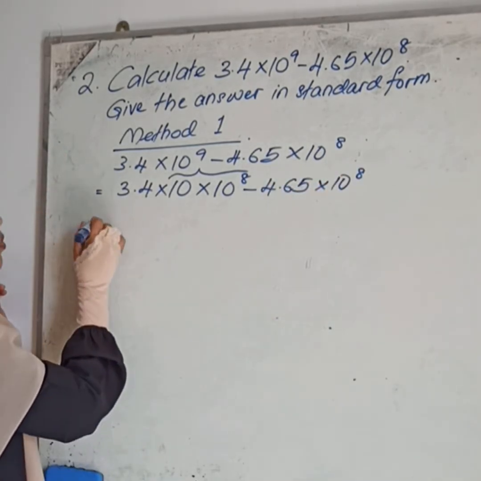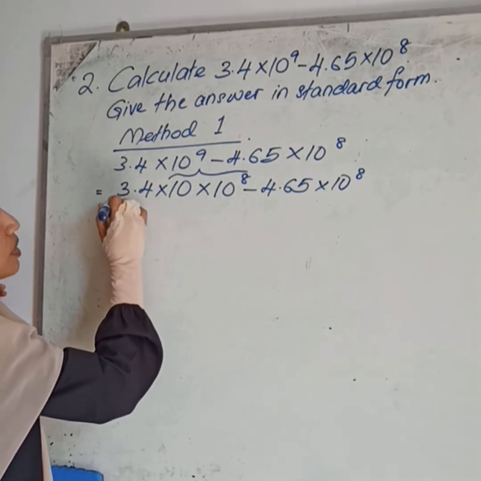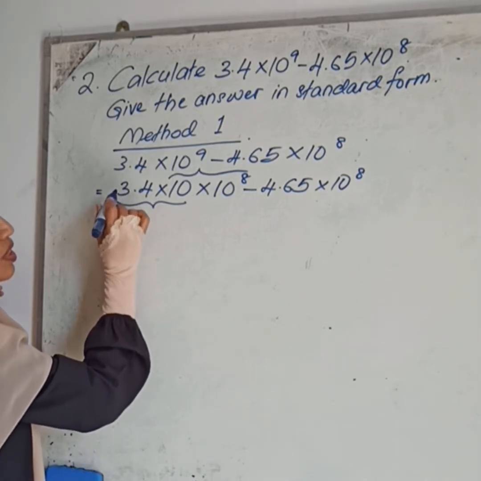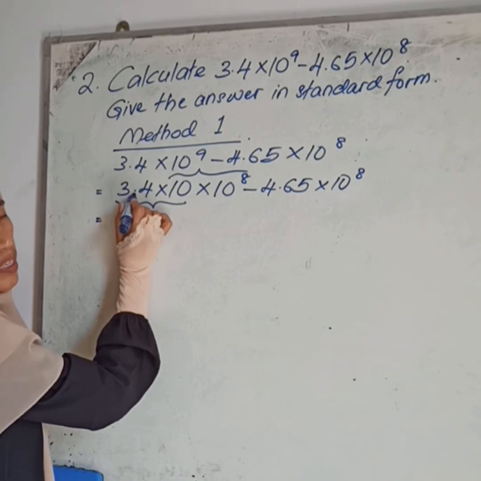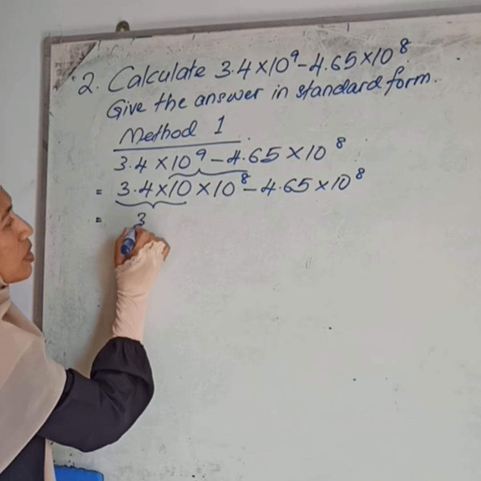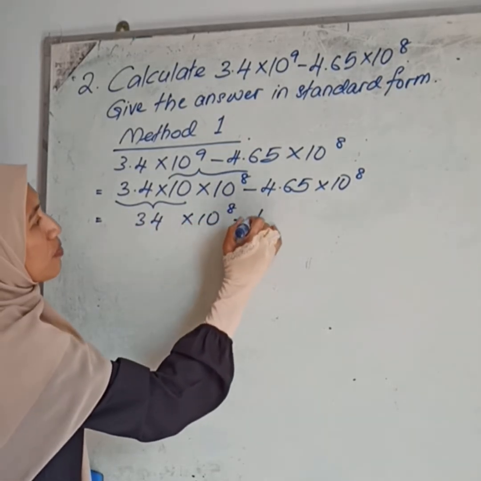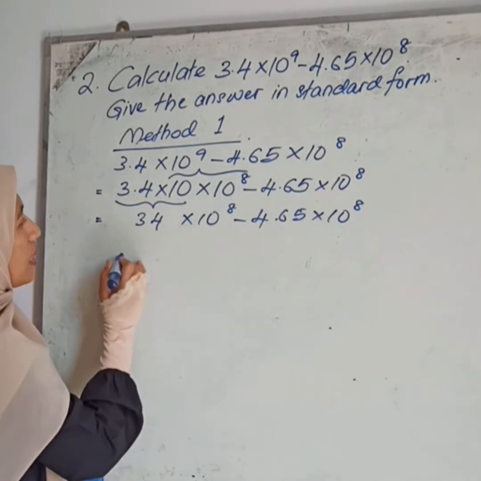Now we can factorize 10 to the power of 8. 3.4 times 10 means we move the decimal to the right one step, so this equals 34. So 34 times 10 to the power of 8 minus 4.65 times 10 to the power of 8.